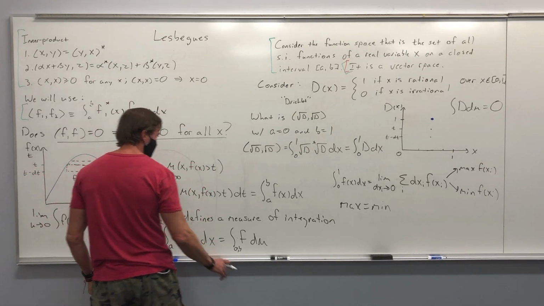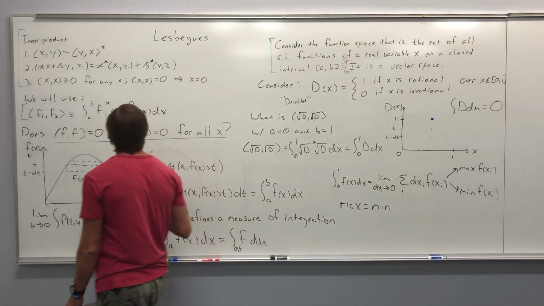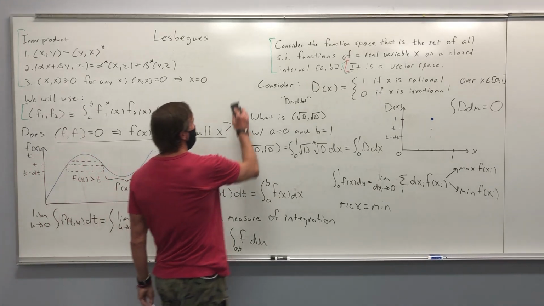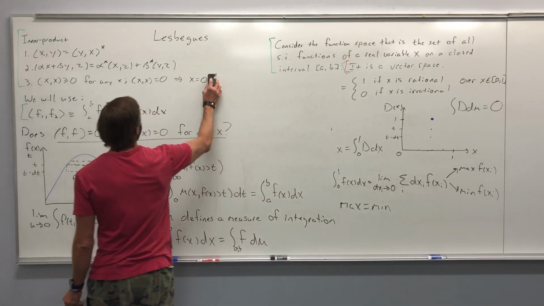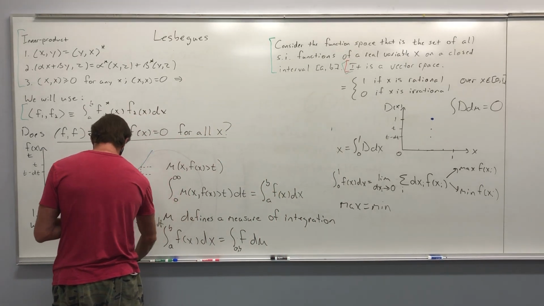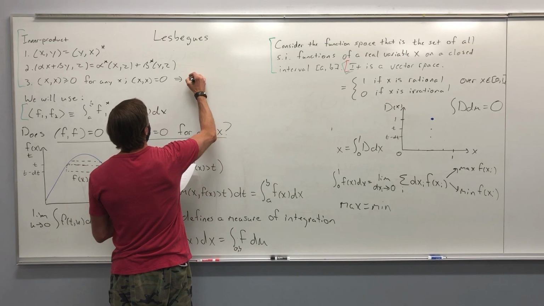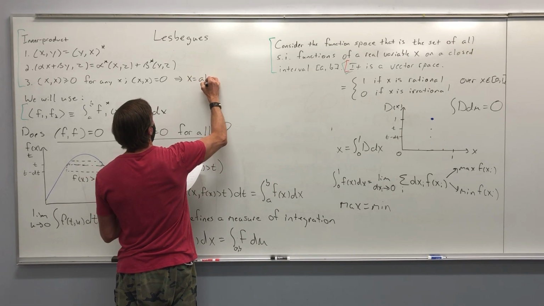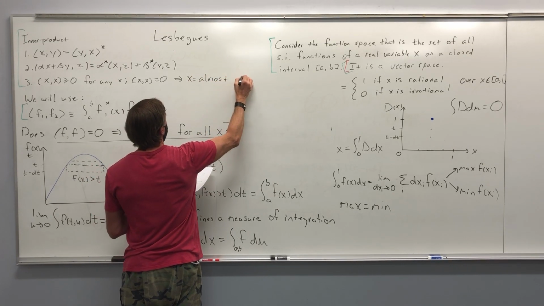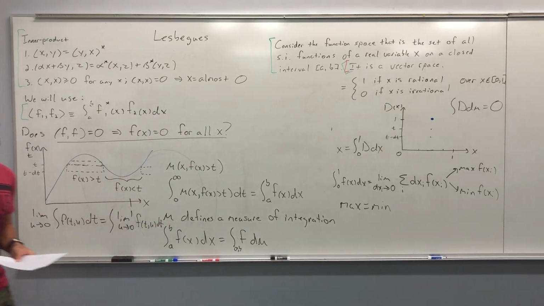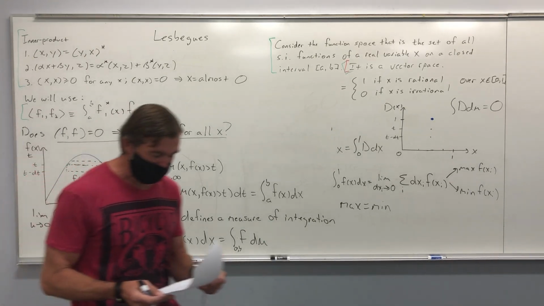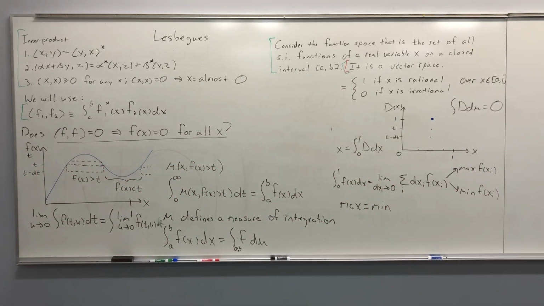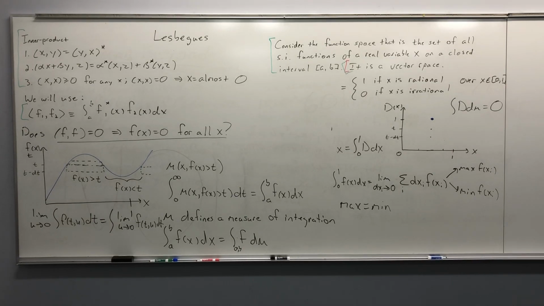Okay? No. I mean, we're getting there. So our statement is going to be: take 0 from almost 0 everywhere. Okay? What does that mean? Also, how is the Dirichlet almost zero?